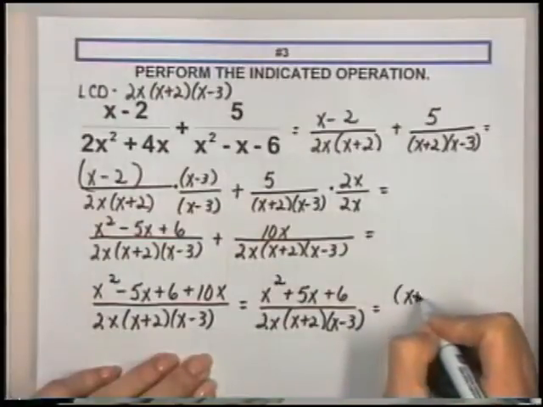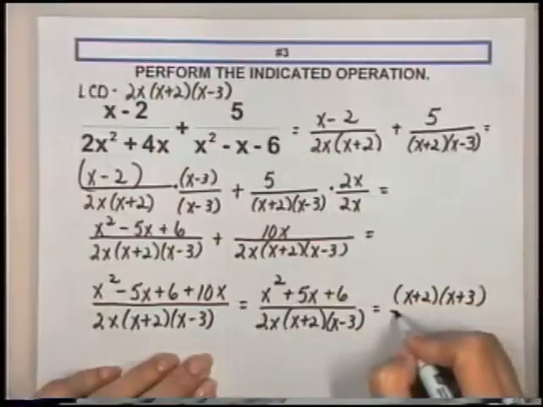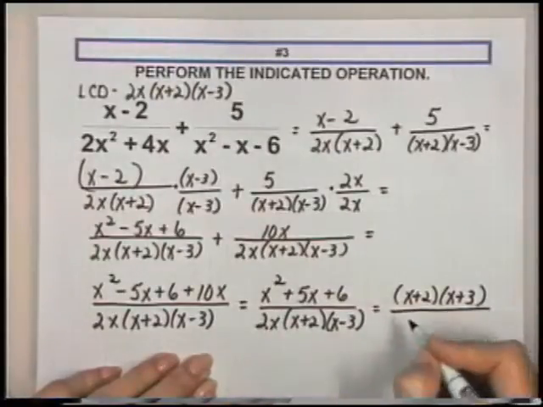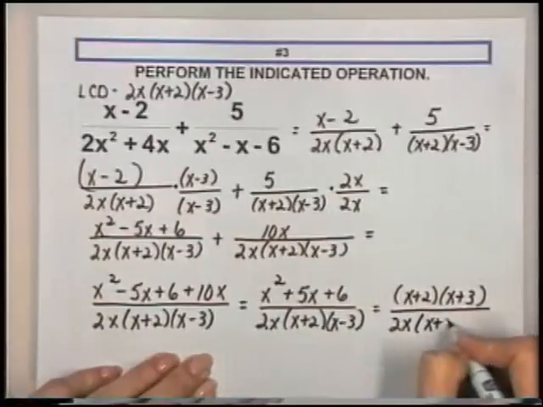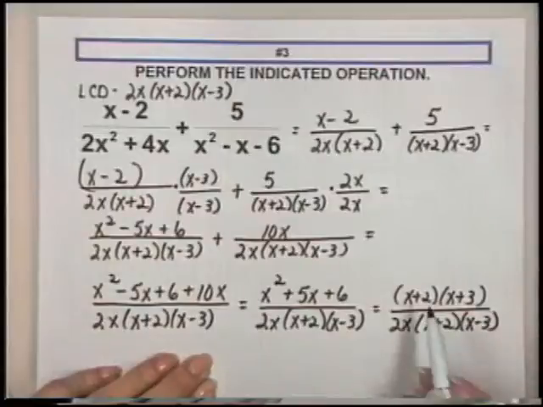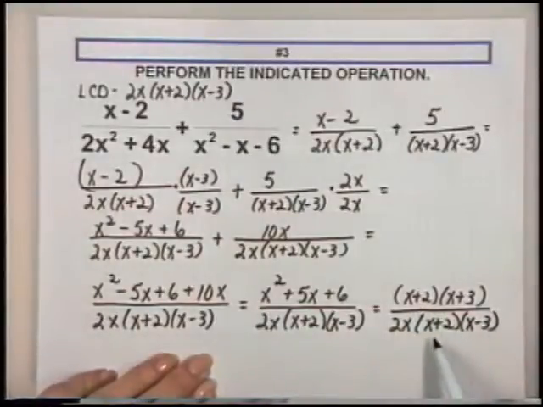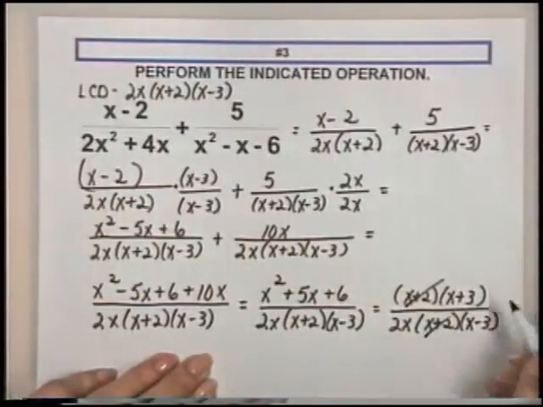Can we factor this numerator? Yes, we can. It factors as x plus 2 times x plus 3. We will write that over our denominator, 2x times x plus 2 times x minus 3. The x plus 2 is a factor in the numerator and the denominator.